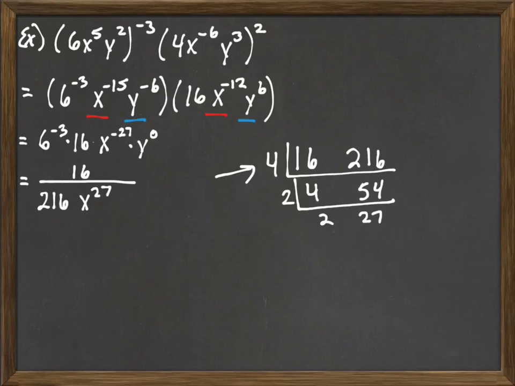After I've done that, I notice I can take a 2 out of what's left, getting me down to 2 and 27, which I can't simplify any further. So 16 over 216 will now become 2 over 27. And then we write that answer out. So the final answer here is 2 over 27x to the 27th power.